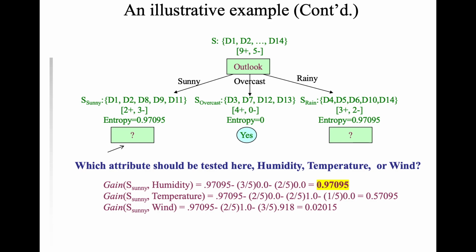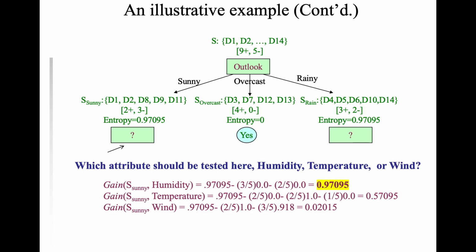Now 3 instances of sunny with humidity high and 2 instances of sunny with humidity normal. Now what is the entropy of S Sunny and humidity high?